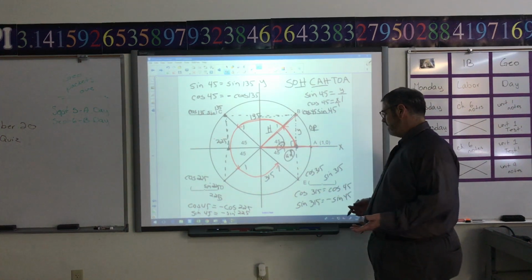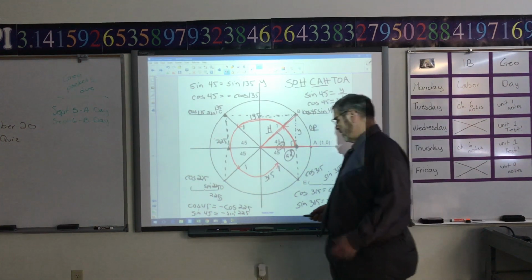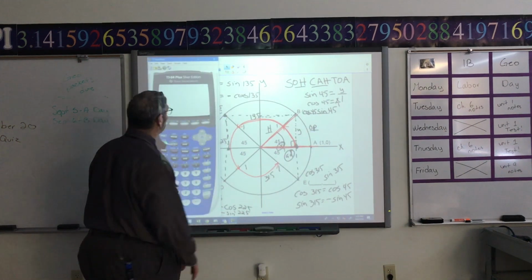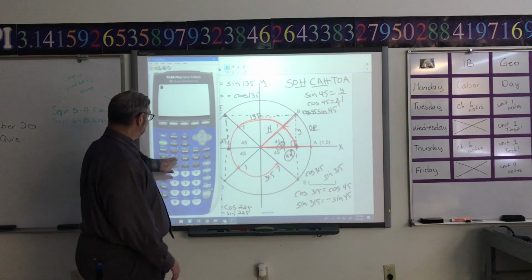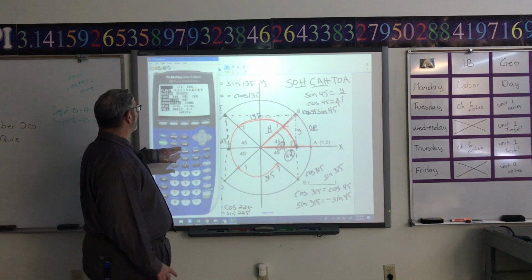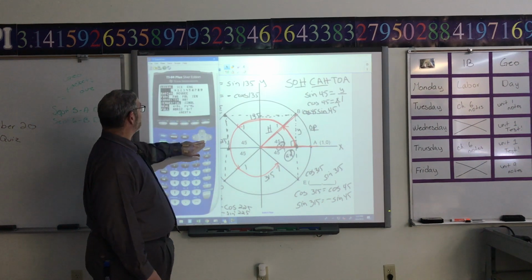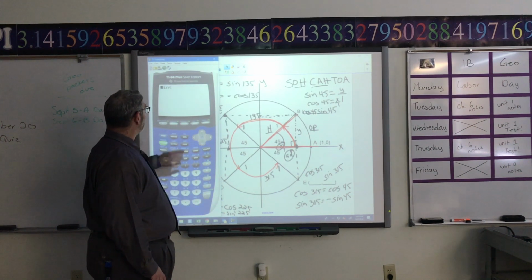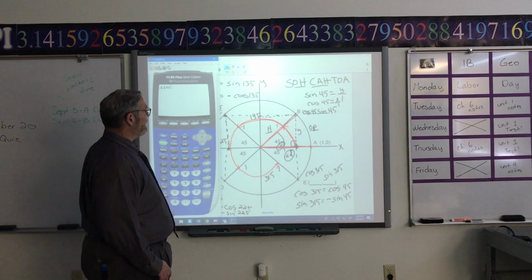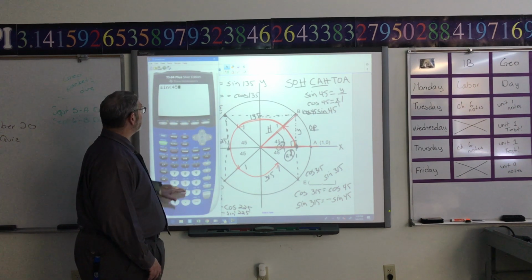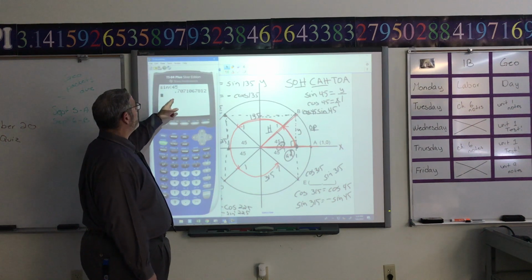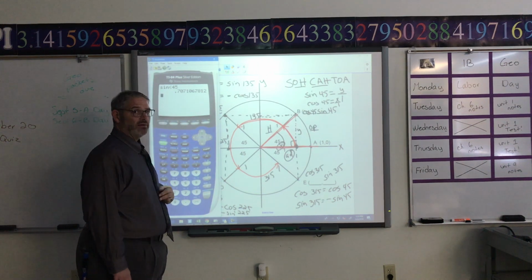Now, what does that mean? If I take my graphing calculator, just to show you, let's check to see before I do that, we're in radians, let's change that to degrees. And I say the sine of 45 degrees, that's going to equal 0.707.